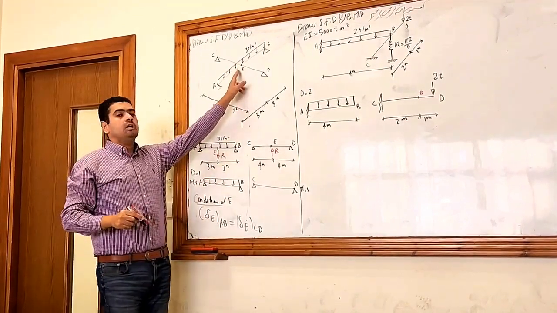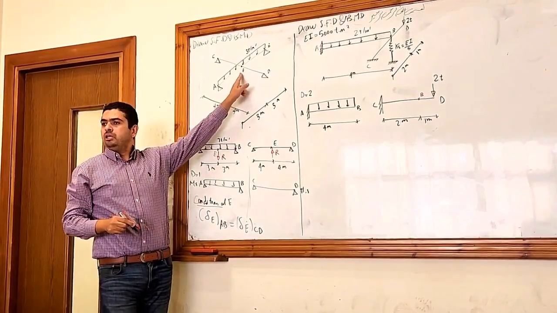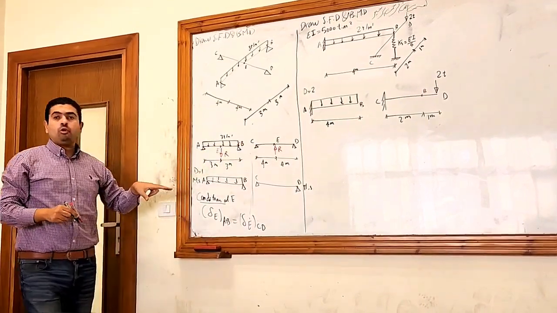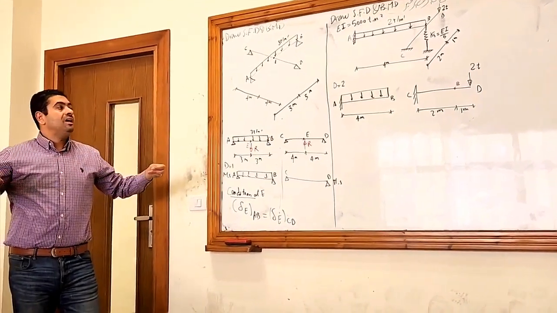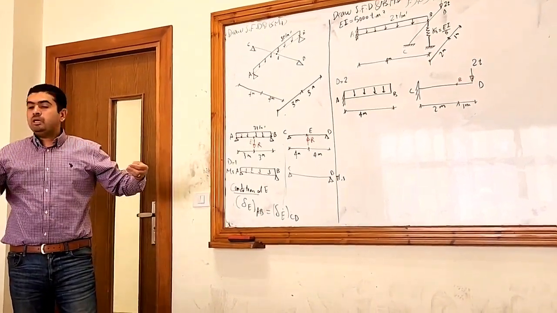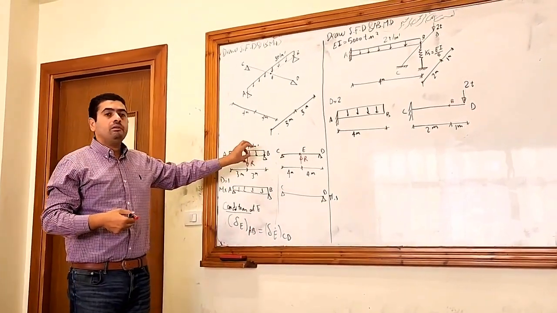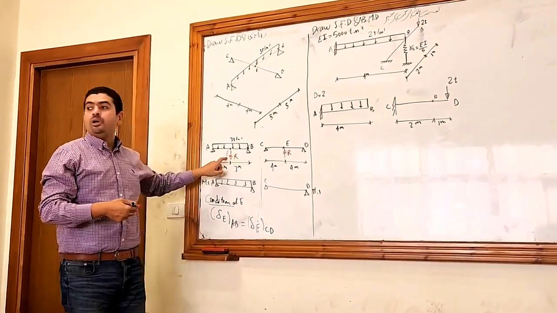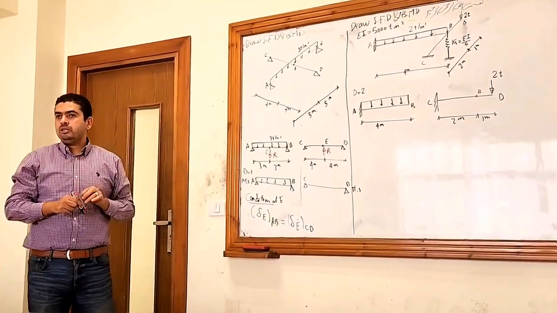Was there any load called R at point E? No. I saw the R because I dealt with each beam individually. When I return them to the original structure, the R goes away with the opposite R, right?